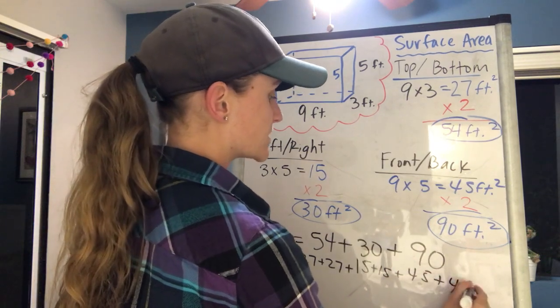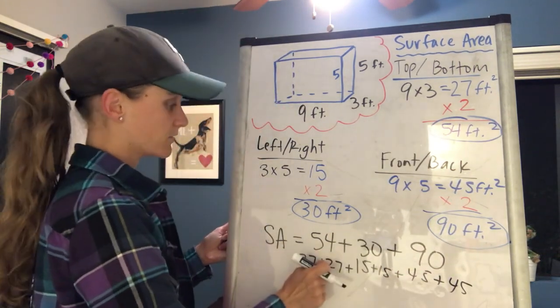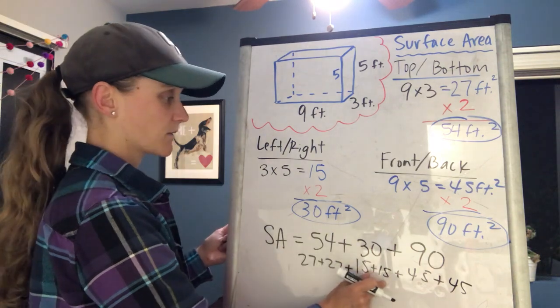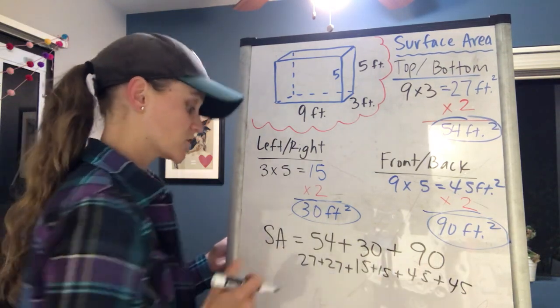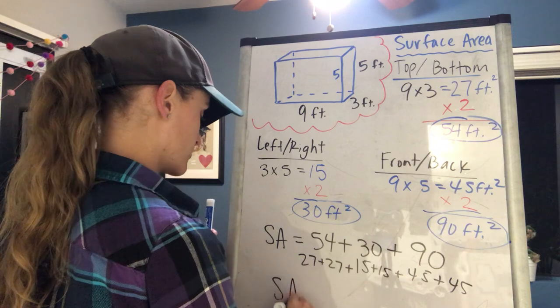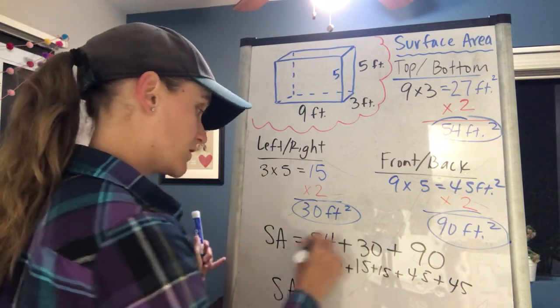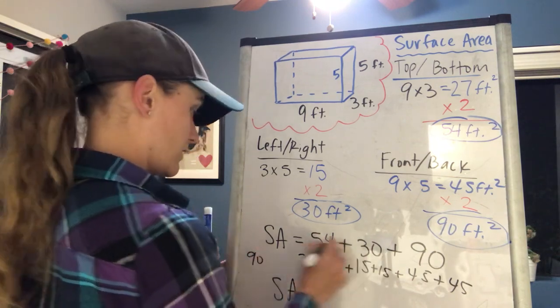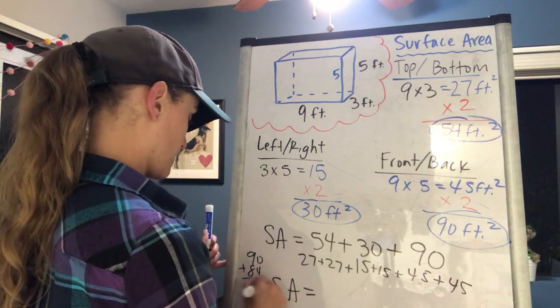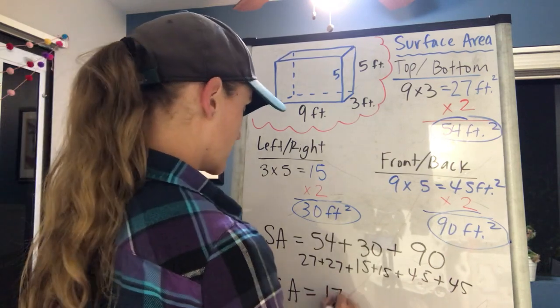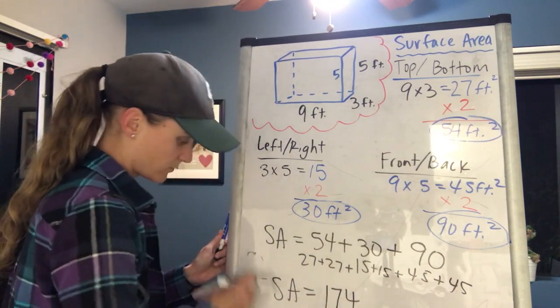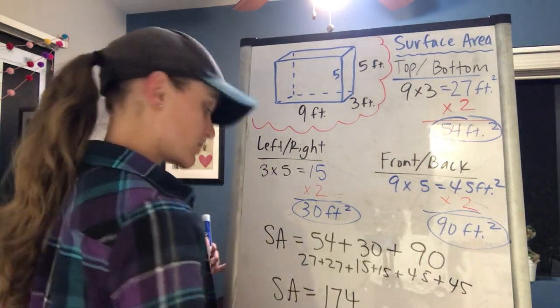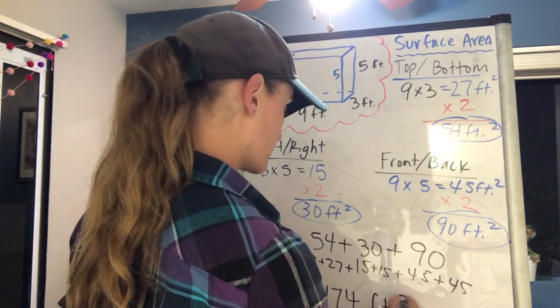And you would have been able to see that this is the top, the bottom, the left, the right, the front, and the back. So if I add those all up, the total surface area is going to be 90 plus 84. Which means that the answer is 174, and it's going to be feet squared.